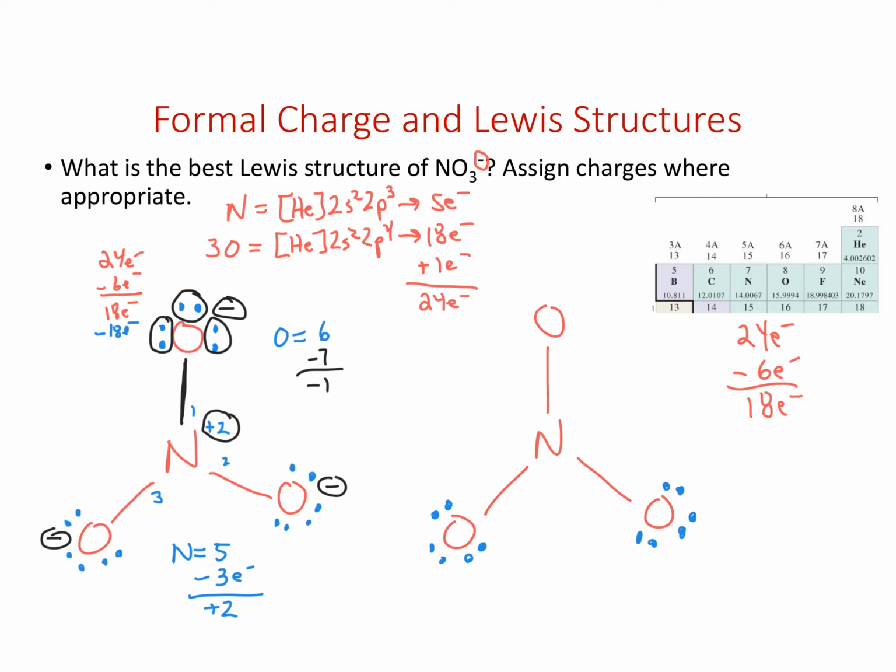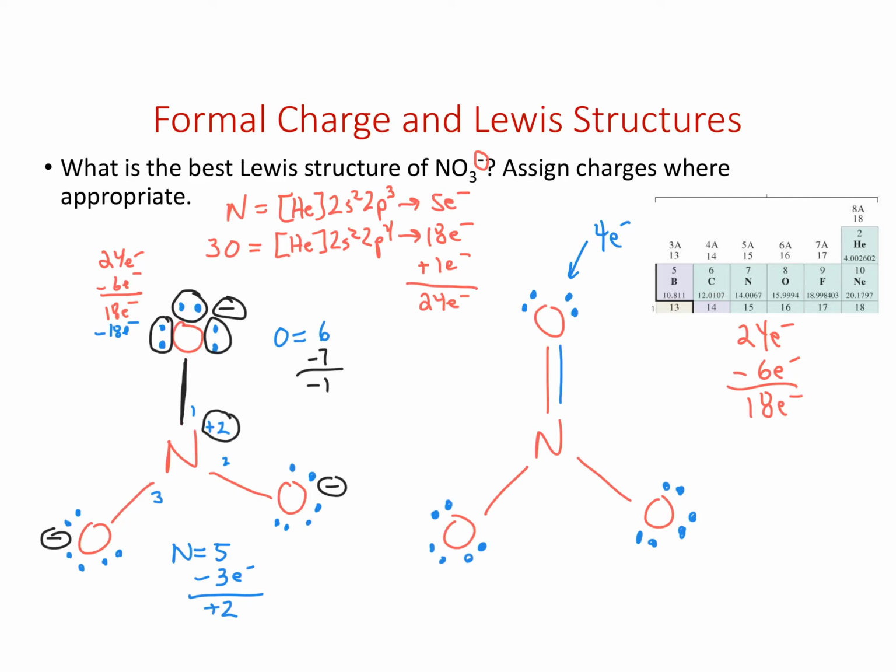Now, remember before, I did not fill the octet for nitrogen. So let's give 2 more electrons to nitrogen in the way of forming a nitrogen-oxygen double bond. So now, this oxygen has 4 electrons assigned to it through bonding, through the nitrogen-oxygen double bond. That means I need to assign 4 more electrons. So 1, 2, 3, and 4.